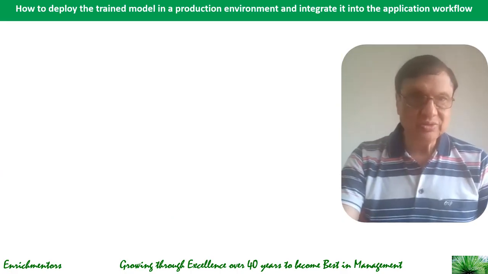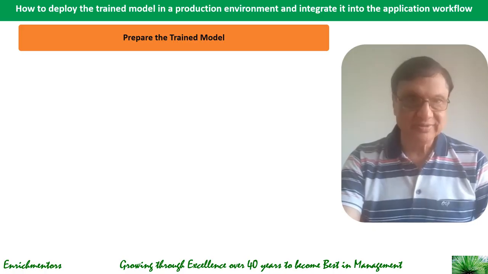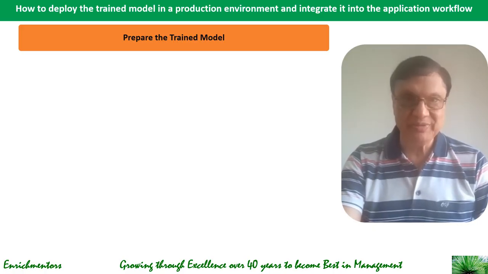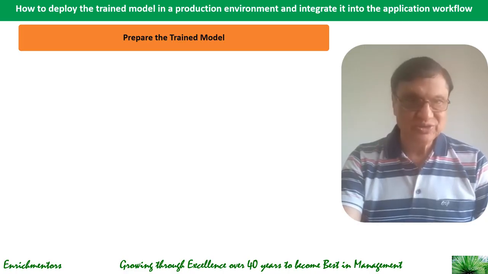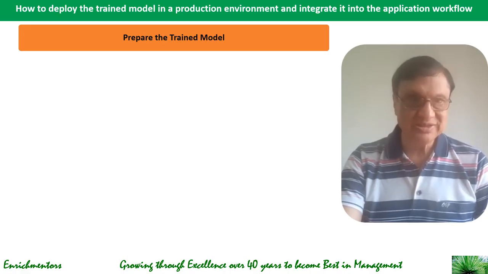So what you need to do is start with preparing a trained model, right? Serialize or save the trained model along with any pre-processing steps or dependencies required for inference. Choose a serialization format compatible with your deployment environment, such as Pickle, ONNX, or TensorFlow's saved model format.